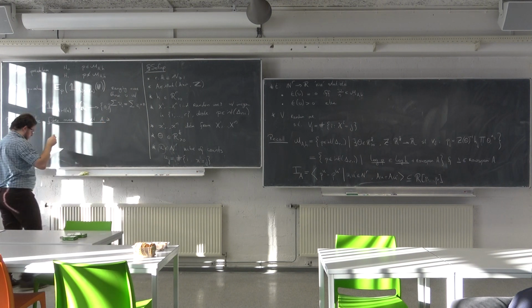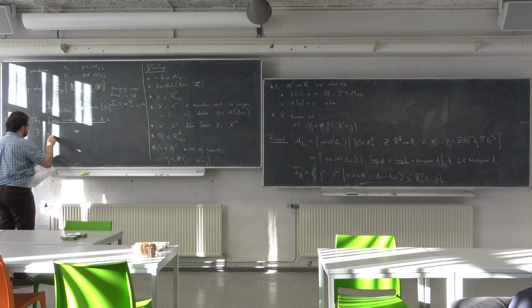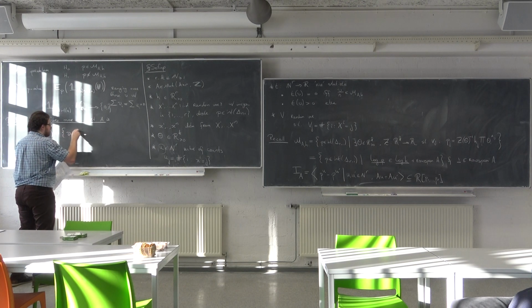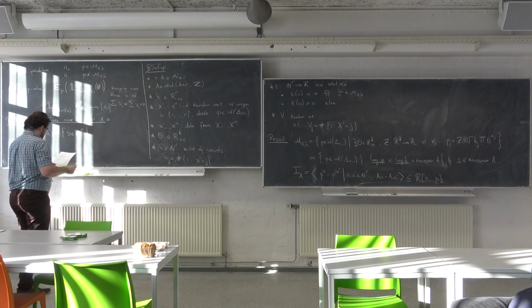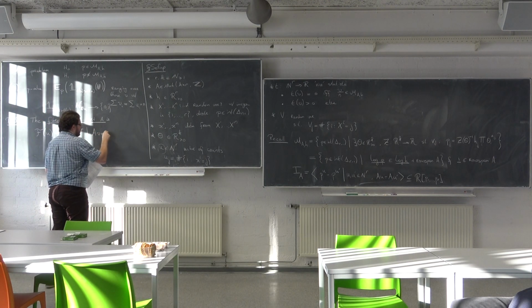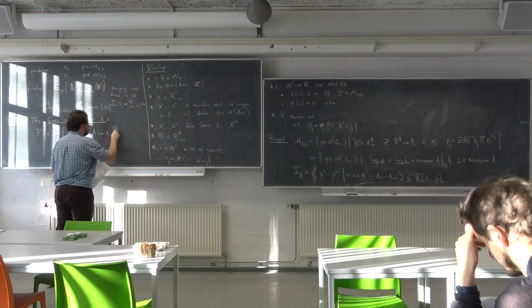So we will define a set which we will call f of u, and it will be those v's such that A v equals A u.